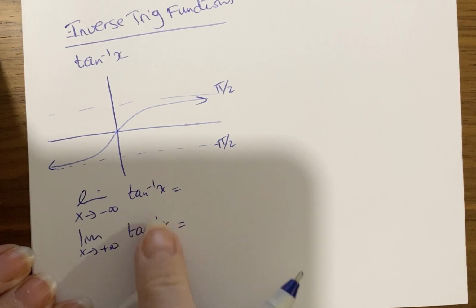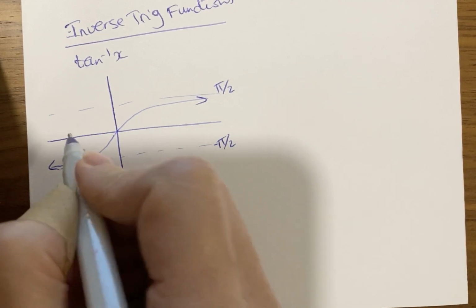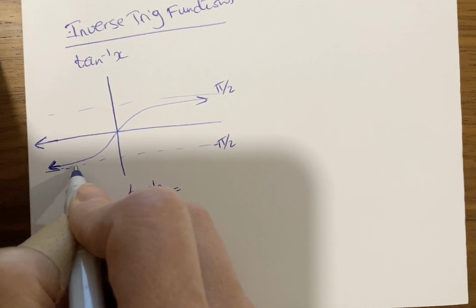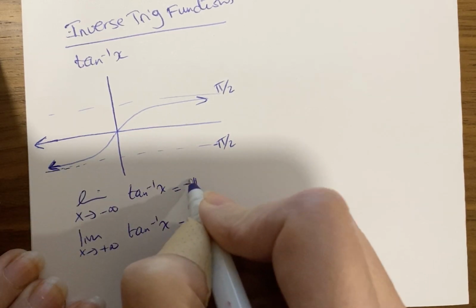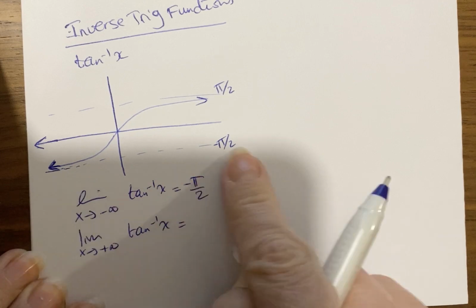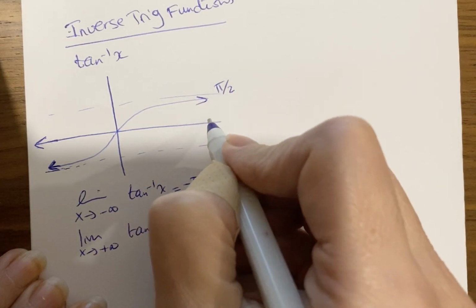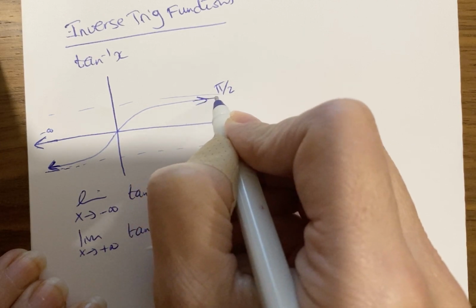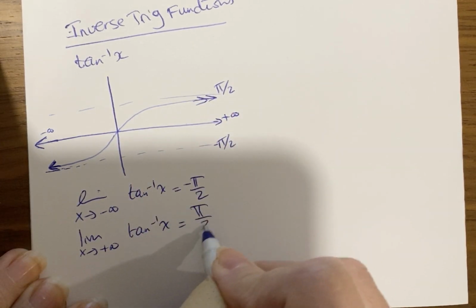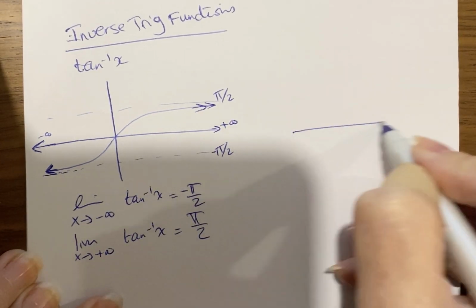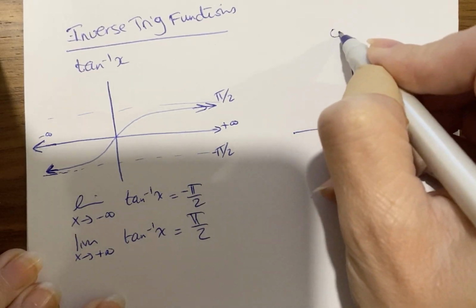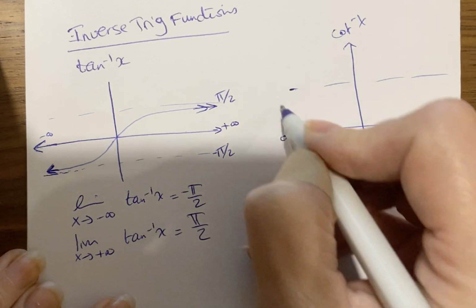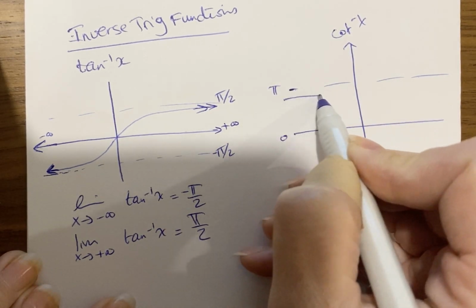But we can tell what the limit of tan inverse x at minus infinity is. As x goes to minus infinity, what does the limit of tan inverse x look like? Minus pi over 2, because we're approaching this horizontal line. And what is the limit of tan inverse x as we go all the way to plus infinity? Pi over 2. Cotan inverse has the same behavior, but between 0 and pi, and decreasing, not increasing.